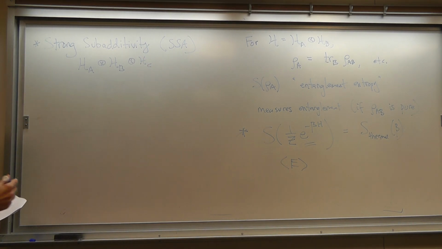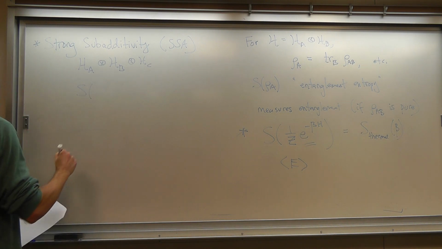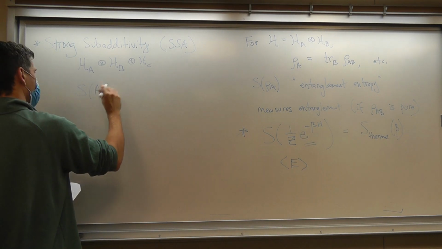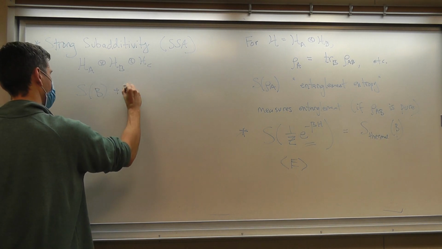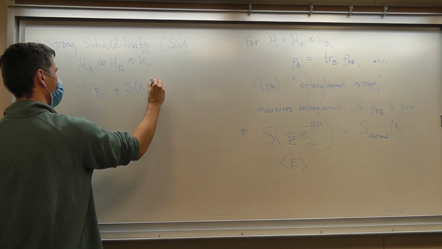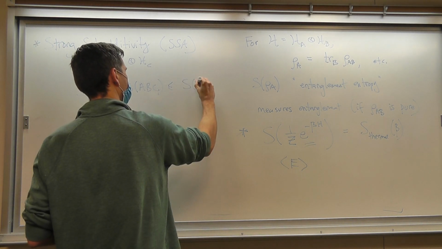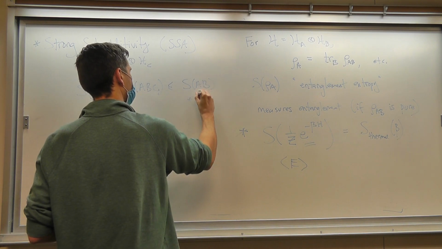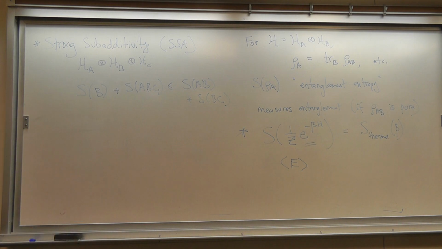In this situation, the von Neumann entropy obeys S(B) plus S(ABC) is less than or equal to S(AB) plus S(BC). I've changed notation a little bit here. I got tired of writing subscripts. S(A) just means S(rho_A), etc.